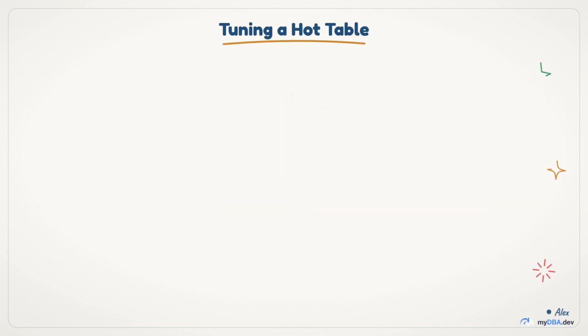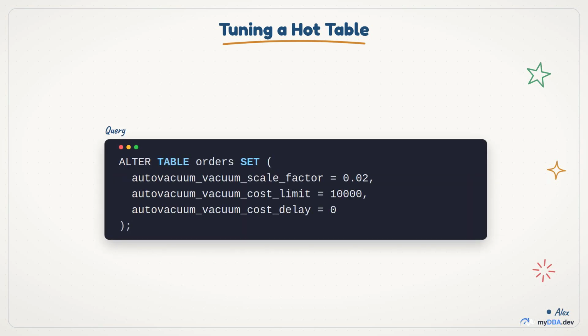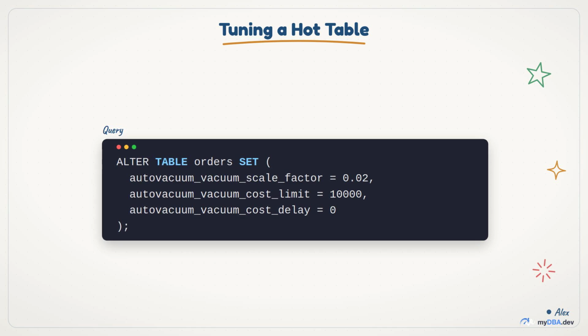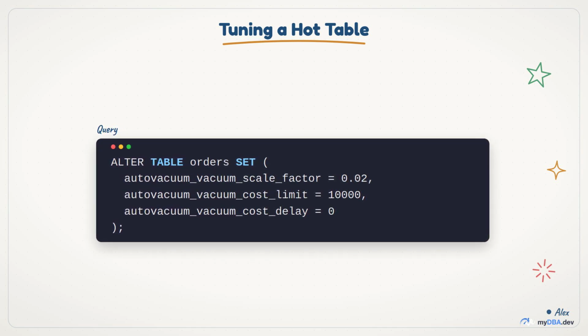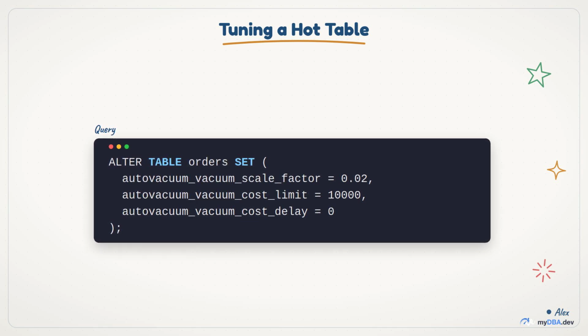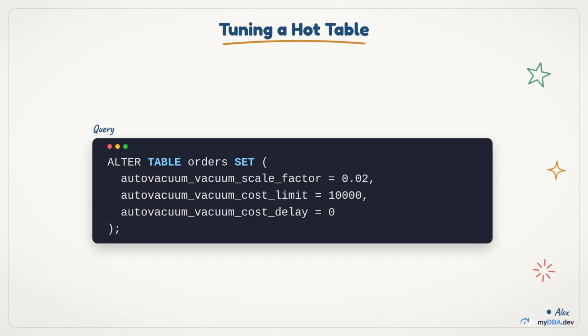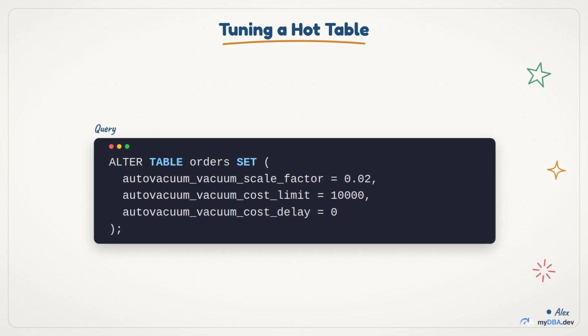For a hot table, say your orders table, you want to lower the scale factor to 0.02 or even 0.01. That means Autovacuum triggers at 2% or 1% dead tuples instead of 20%. Then raise the cost limit to 10,000 so it runs fast, and optionally set the delay to 0 so it doesn't sleep at all on this table.